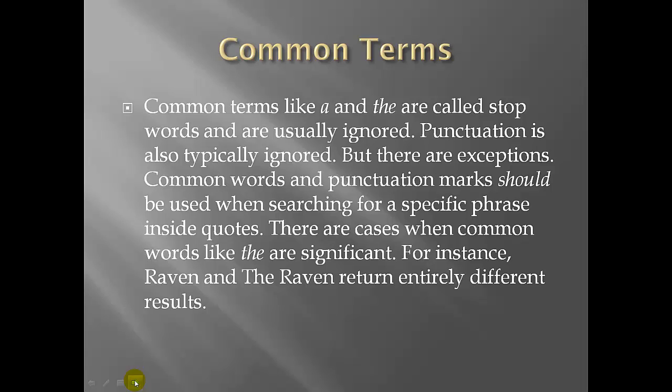Common terms like a and the are typically ignored, and punctuation is typically ignored too when you are searching. There are a couple exceptions, if you're looking maybe for the title of a poem or a book. Here, for instance, we're talking about "Raven" and "The Raven," and they're going to return different results. So save yourself some time, unless you're looking for something really specific, and just get rid of some of those common terms.